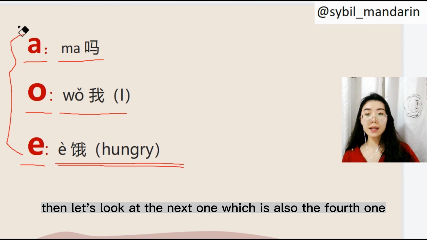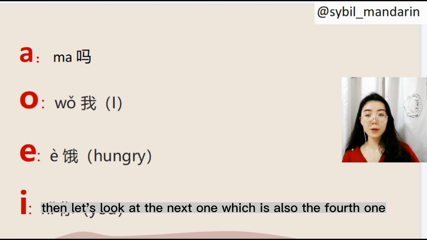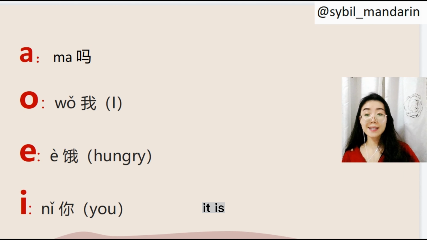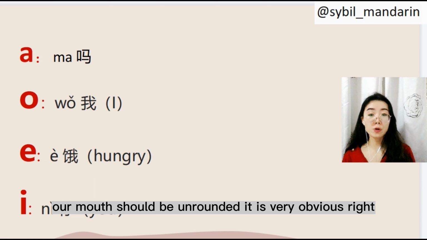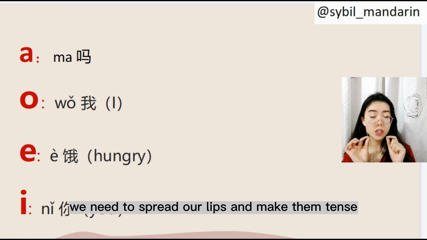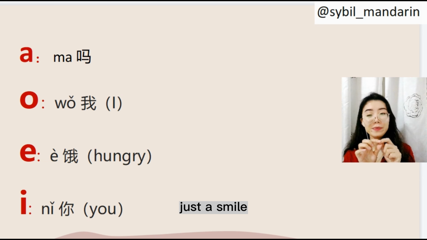Alright, then let's look at the next one, which is the 4th one. It is e. To pronounce the e sound, our mouth should be unrounded. It is very obvious, right? We need to spread our lips and make them tense. E, just a smile.